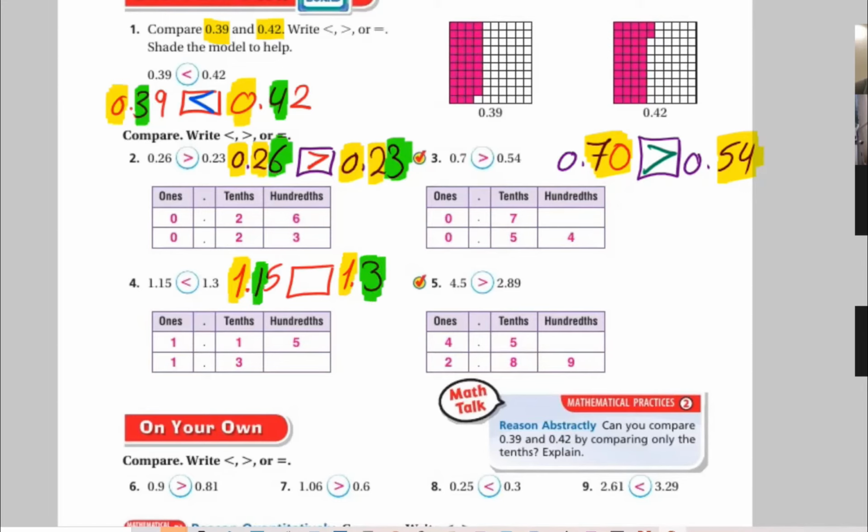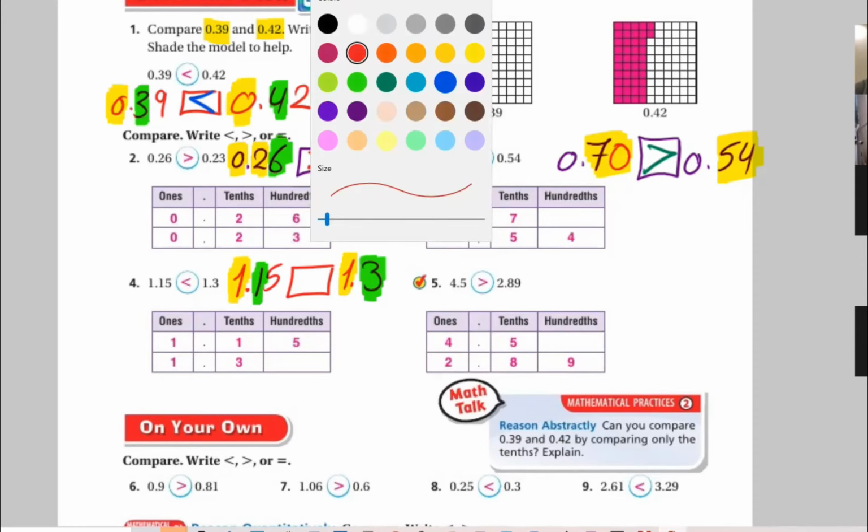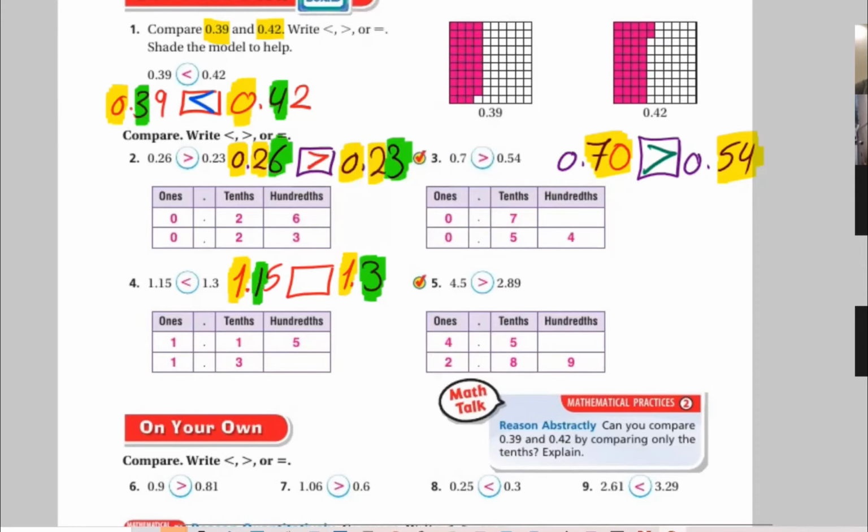And here we have 3. So which is greater, 1 or 3? So 1.3 is greater than 1.15. Yeah, excellent. Thank you so much, Faisal.